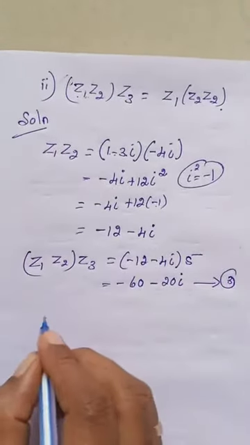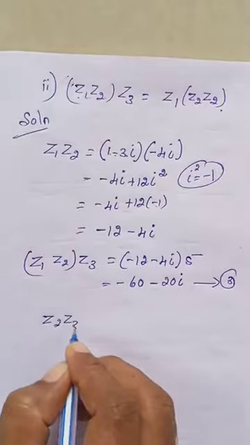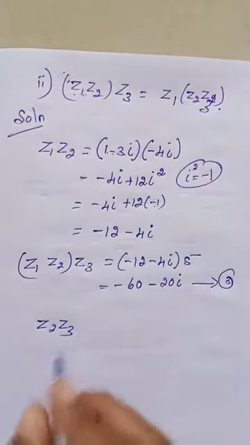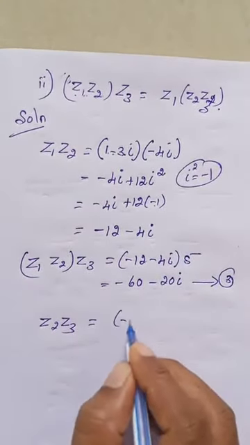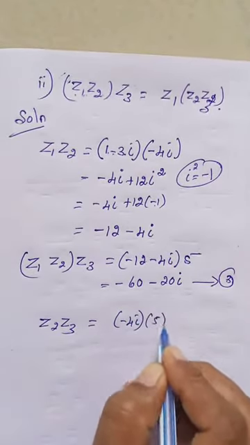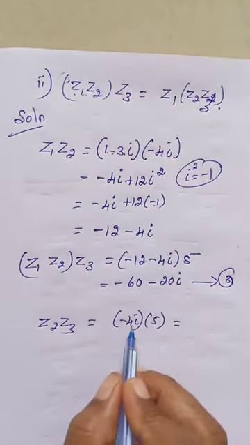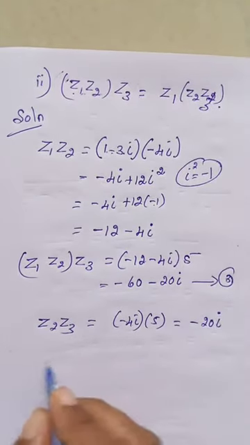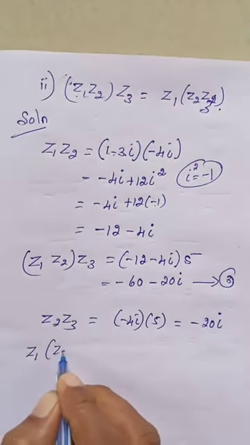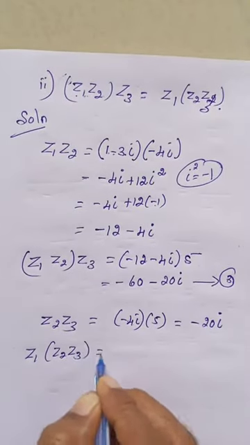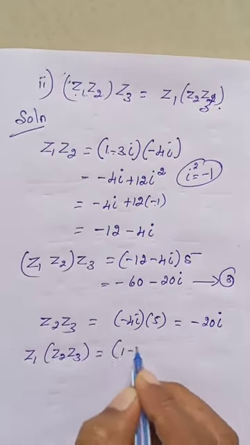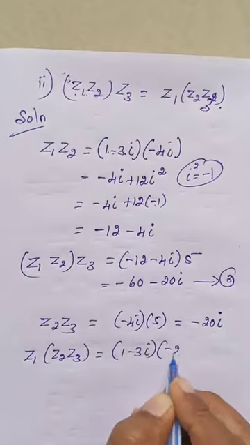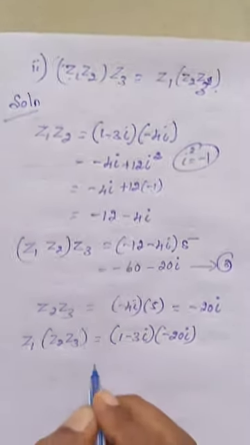Now the right hand side, Z2 into Z3. That is minus 4i into 5, so minus 4 into 5 is minus 20i. Now Z1 into Z2 Z3: that is Z1, 1 minus 3i, into minus 20i.